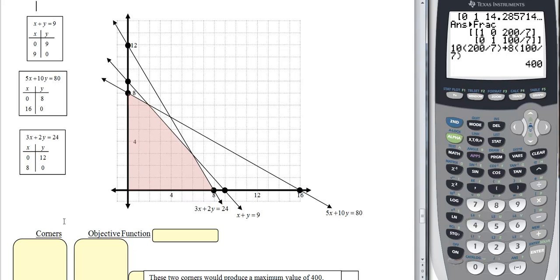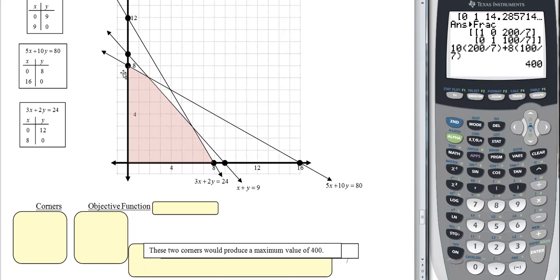Now let's see how many corners I've got. It looks like I've got 1, 2, 3, 4, and 5. So go list the corners. Always do the ones that are on the axes first. So I've got my origin, which is 0, 0. I've got 0, 8. I've got 8, 0.